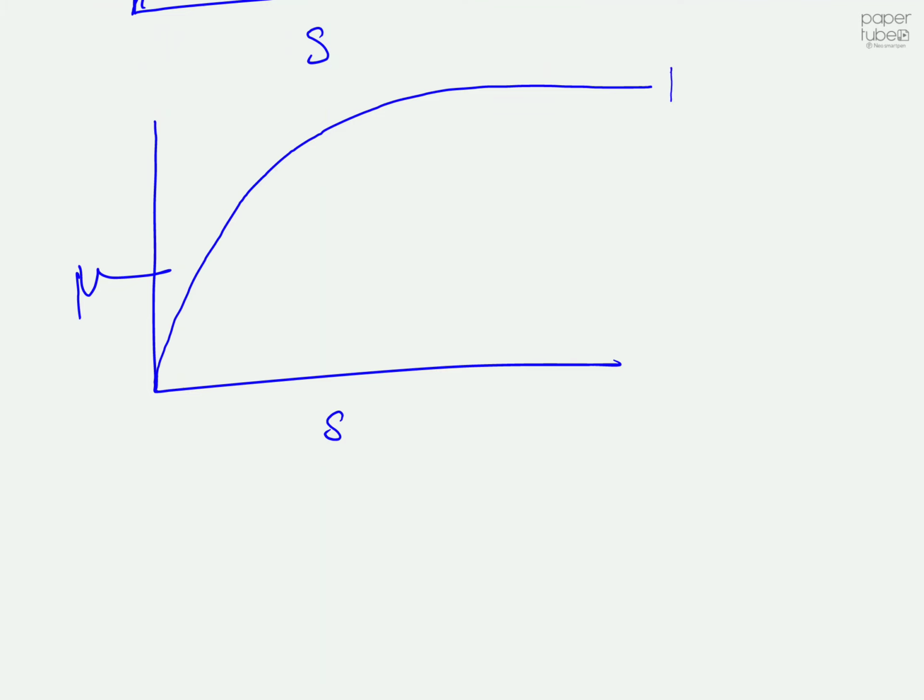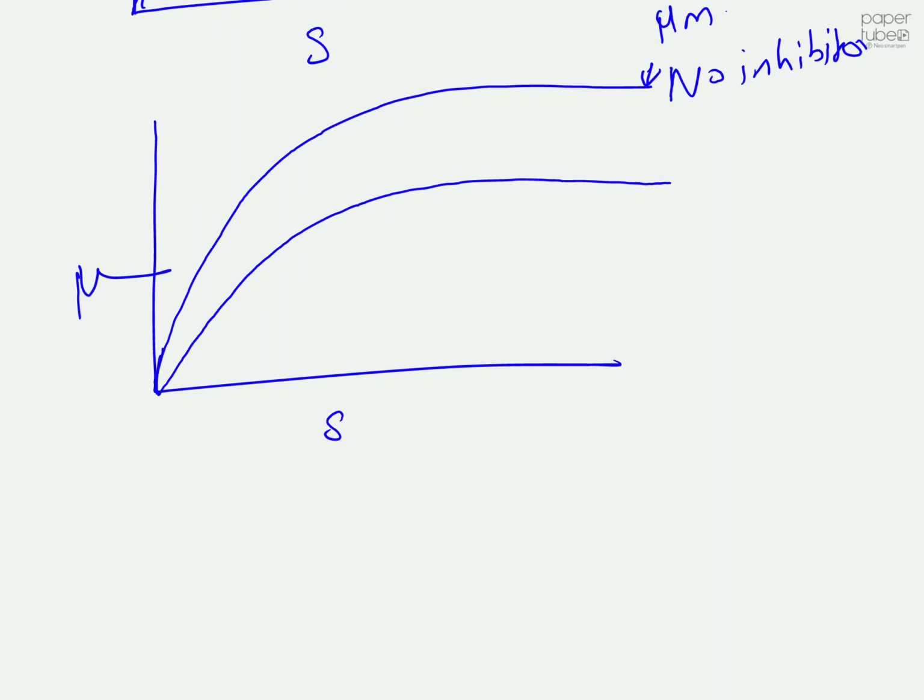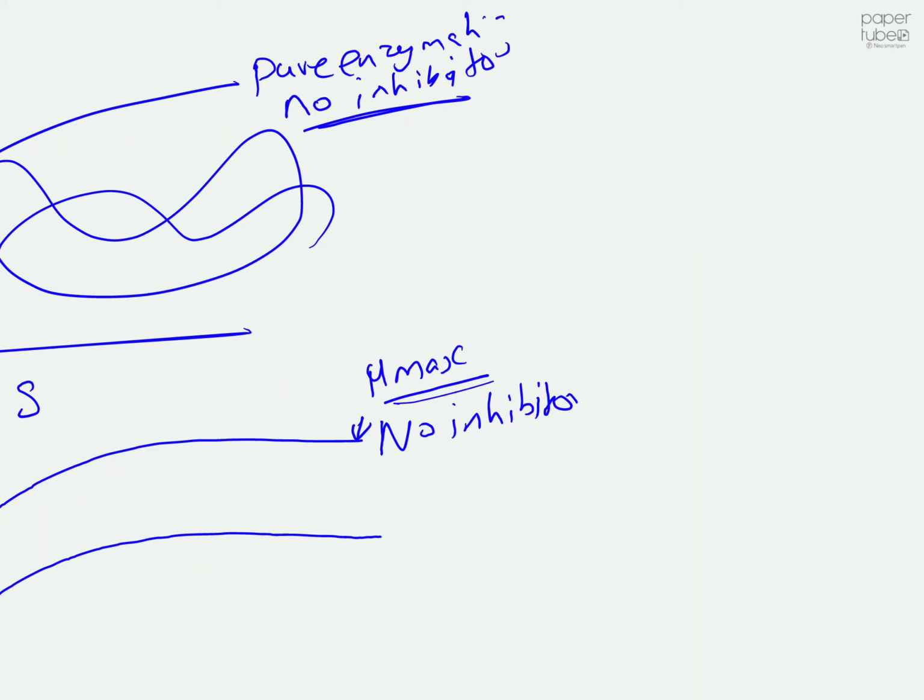This is no inhibitor, and when you have a non-competitive inhibitor, you will get something like that. So this is your mu max for the pure enzymatic reaction, and that's the mu max, which will be equal to mu max by alpha when you are dealing with a non-competitive inhibitor.